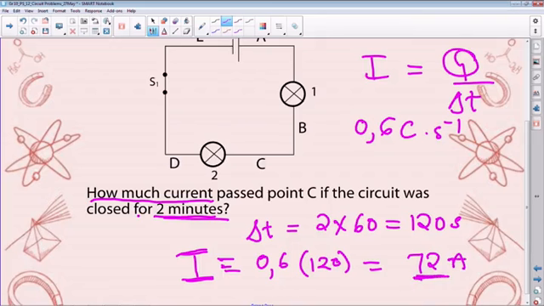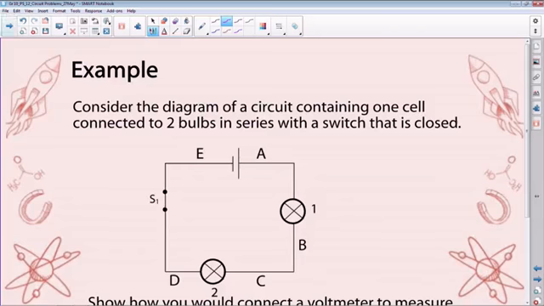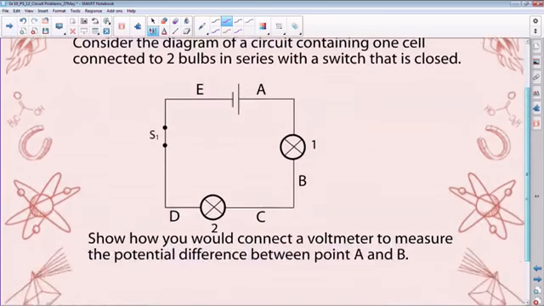In other words, per second, we've got 0.6 coulombs of charge passing through. That's charge in coulombs every second. Now we want to know in 120 seconds what will be the current, right?